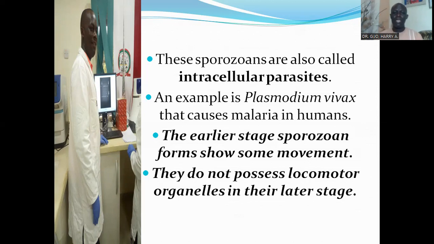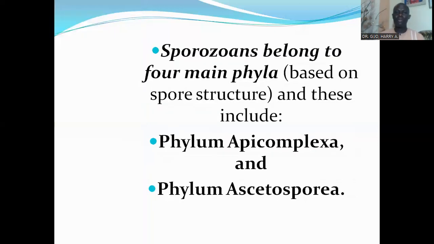The earlier stages of sporozoans actually show some kind of movement. They do not possess locomotor organelles in their later stage. The younger stages usually have the capability to move, but as adults, they can't move from one place to another.